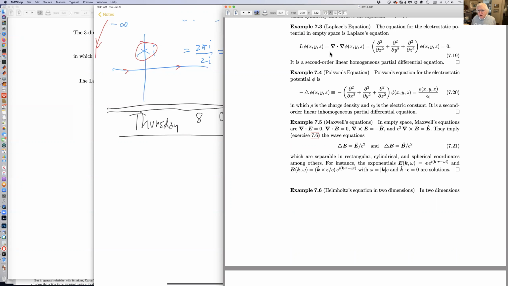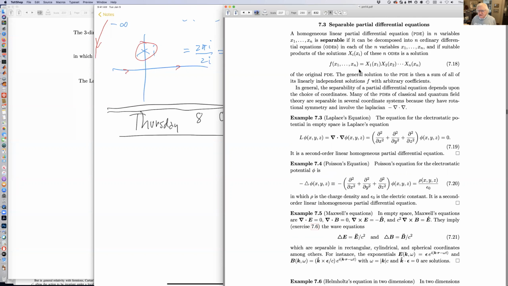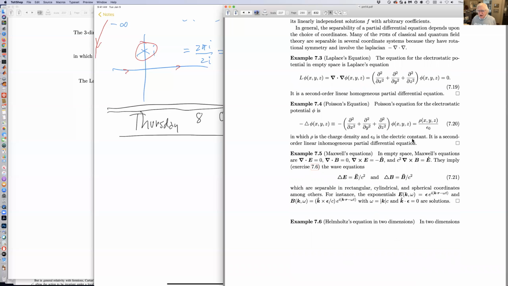So Poisson's equation, or Laplace's equation, is the Laplacian of the electrostatic potential vanishing where the charge vanishes. In that case, it would also be Gauss's law. It's a second order linear homogeneous partial differential equation, and it separates in many coordinate systems.